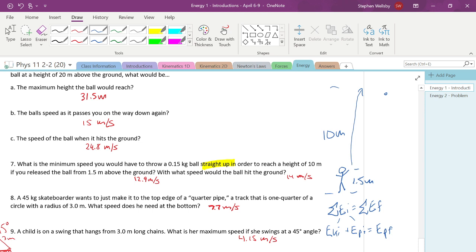What we're going to have here is 1/2 mv initial squared, and that's essentially what we're trying to solve for in the first part of the question, plus mgh initial equals mgh final.